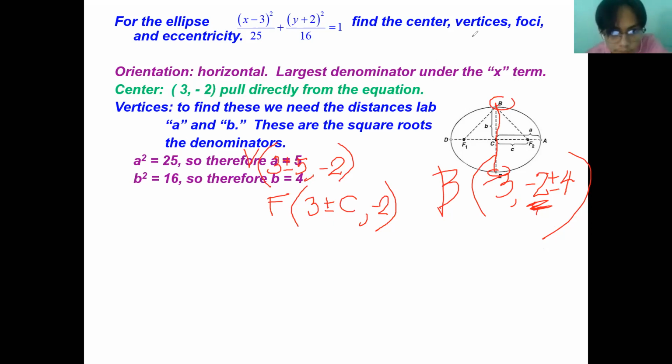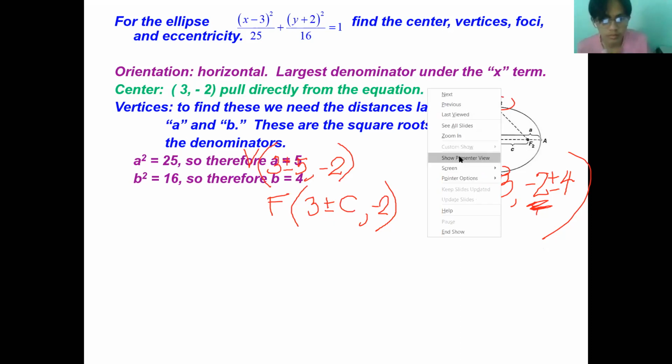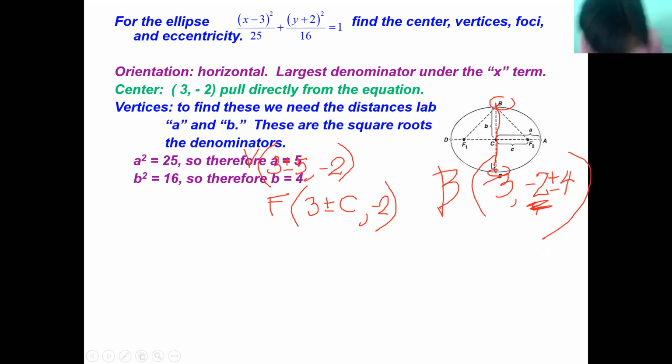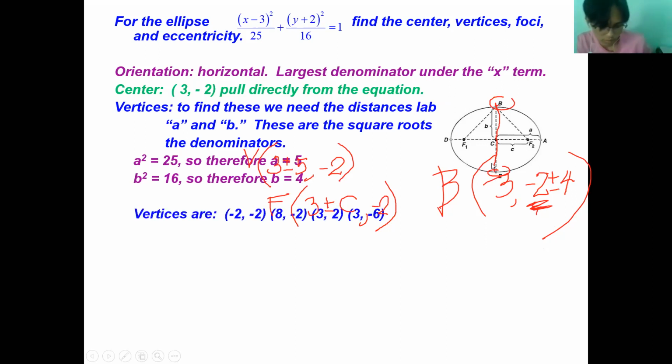Okay? So, with that illustration, we can now calculate the coordinates of your vertices, and that would be negative 2 and 8, and negative 2. Okay?